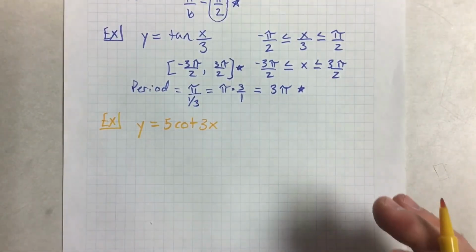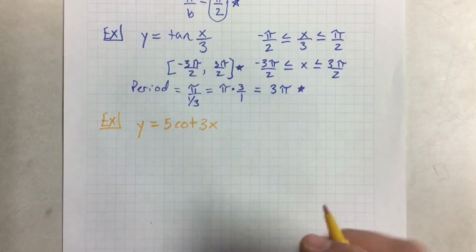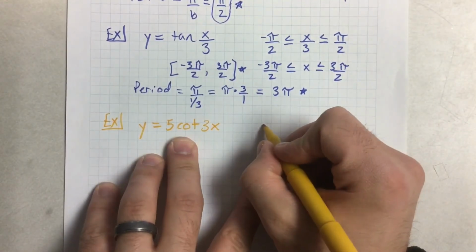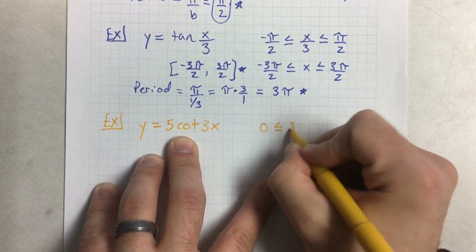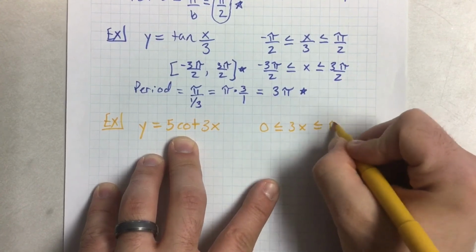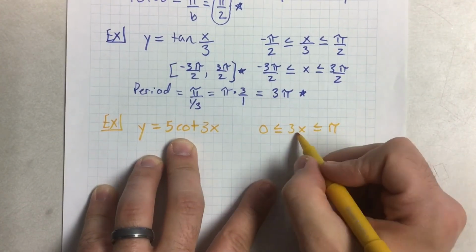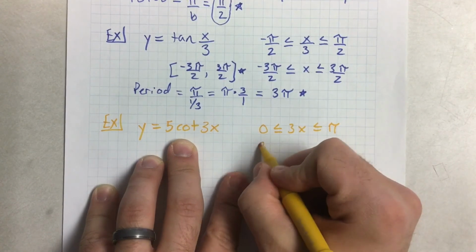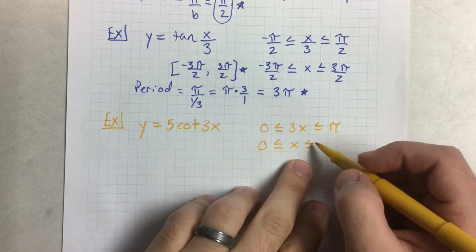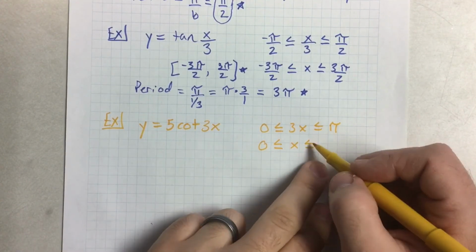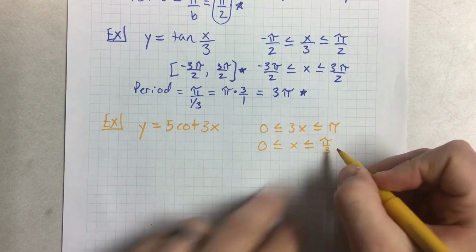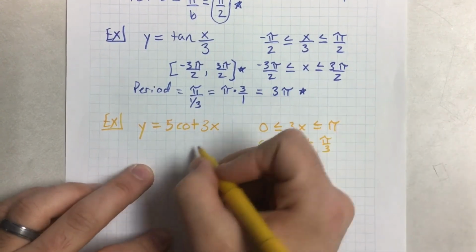You can rewind back to the beginning of the video. The basic interval for cotangent is 0 to pi. So to solve for x, we divide by 3, which leaves us with 0 to x to pi over 3. All right, so that's our interval.